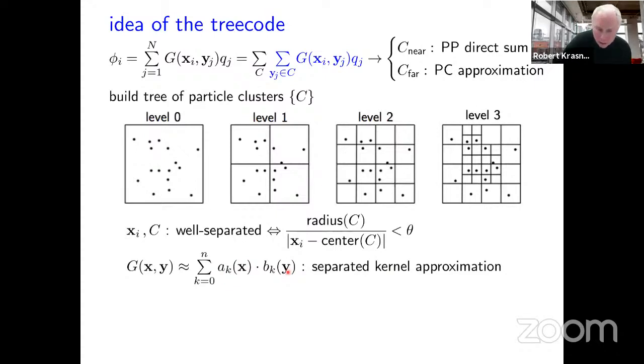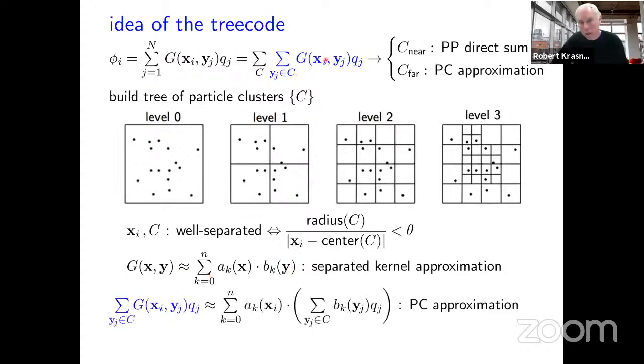And once you've got this approximation, this particle cluster approximation that we see here can be approximated simply by taking this expression for G and plugging it in here, and then interchanging the two sums. Okay, you get this expression. This is the particle cluster approximation.